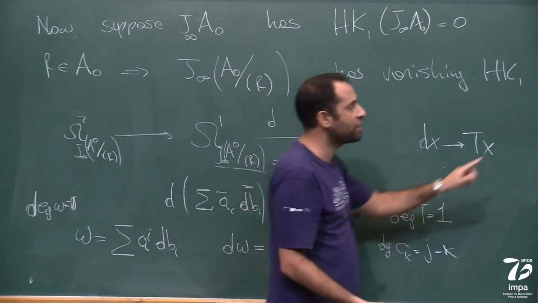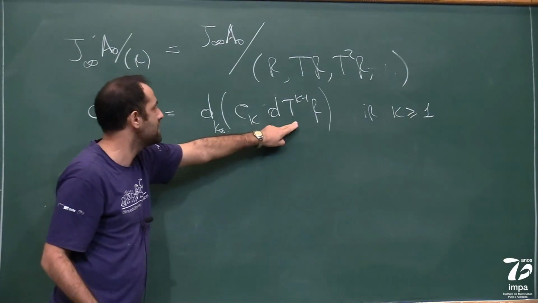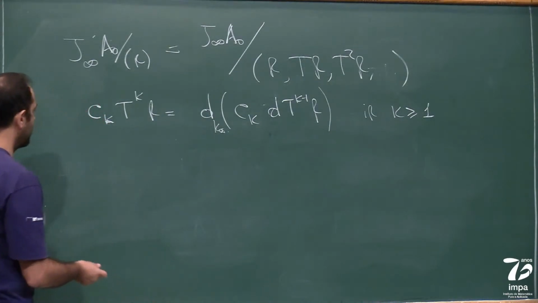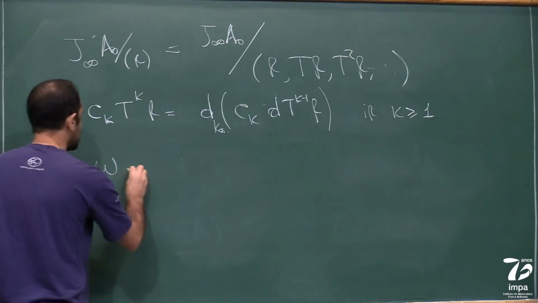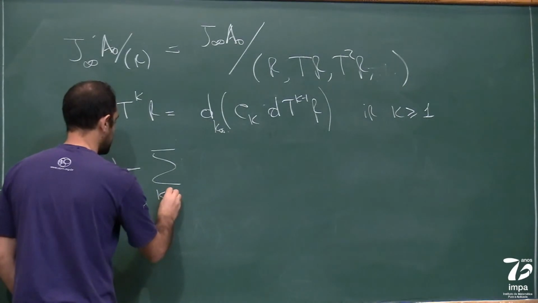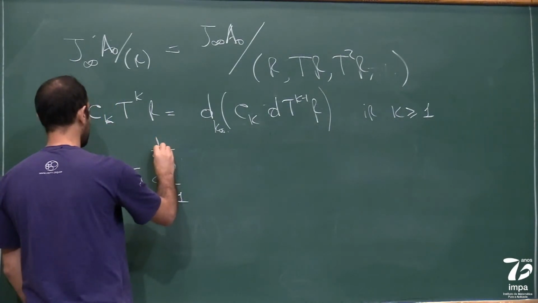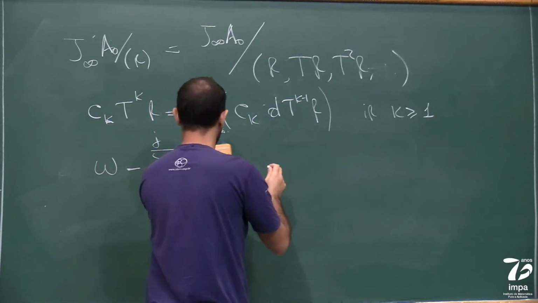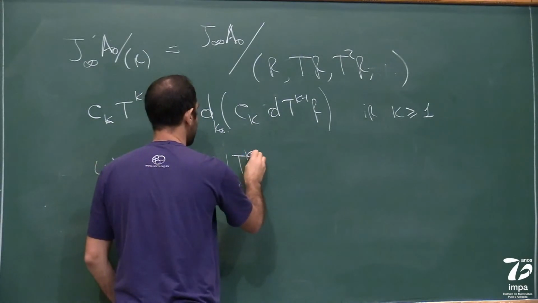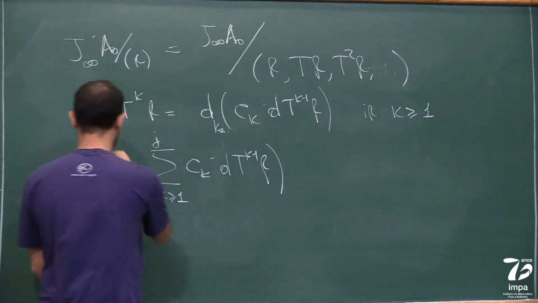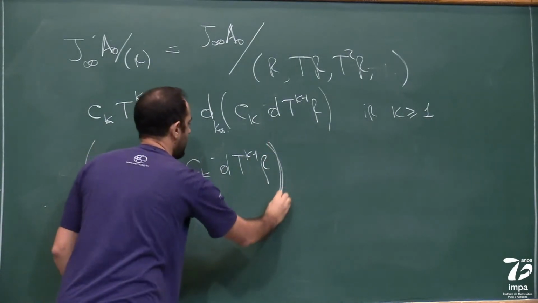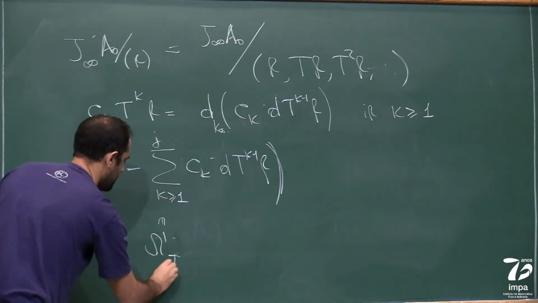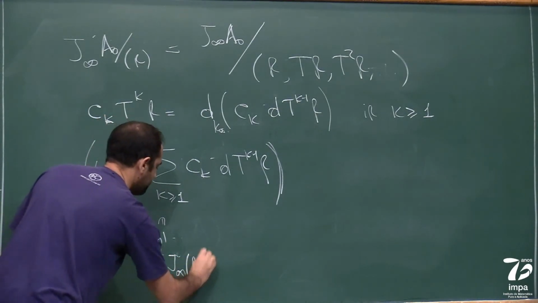So now the problem is that I cannot integrate the guy when k is equal to 0, right? Because I cannot find this t to the minus 1 of f. But anyways, I can just grab my omega and subtract the sum, for k bigger or equal than 1 up to j, of ck times the differential of t to the k minus 1 of f. And now this is in omega 1 of the jet algebra of A naught.